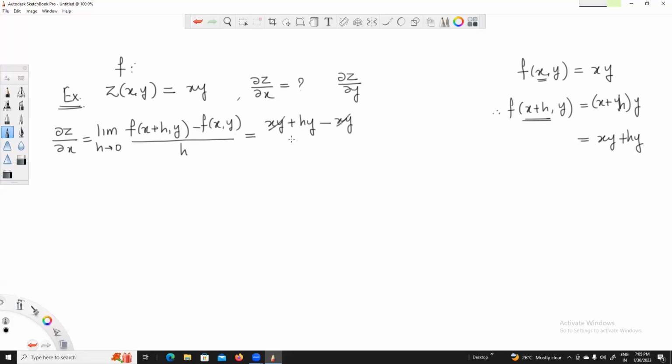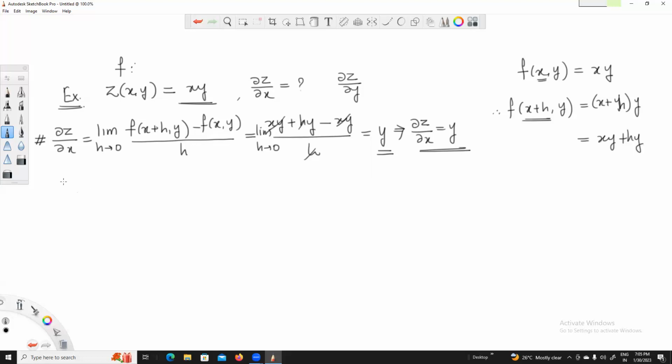So xy gets cancelled, divided by h, and taking limit h tending to 0. So what do we get? h gets cancelled, so we end up having only y. So I can now define del z over del x is equal to y, and this you can directly figure out from this expression itself.